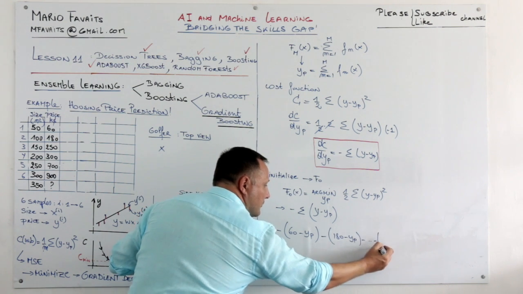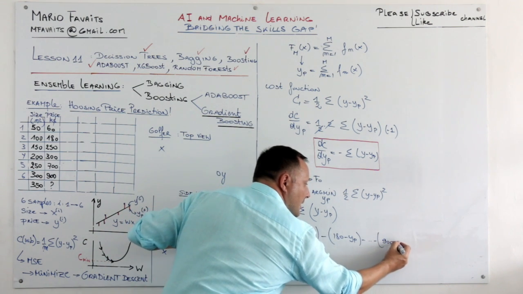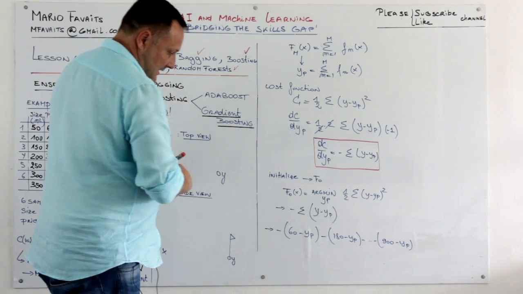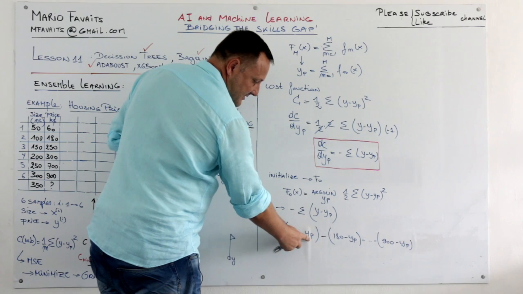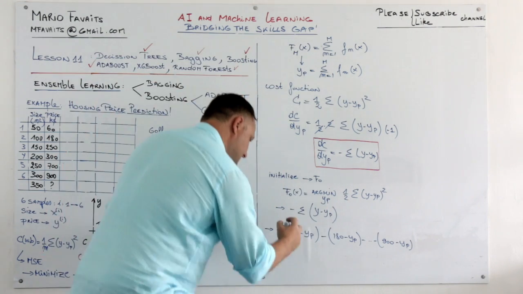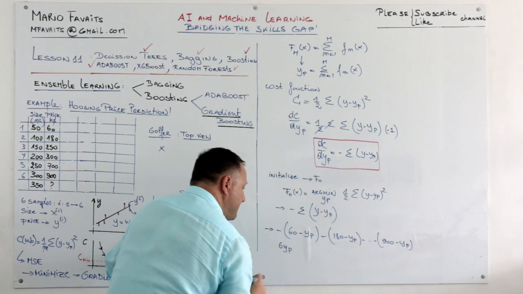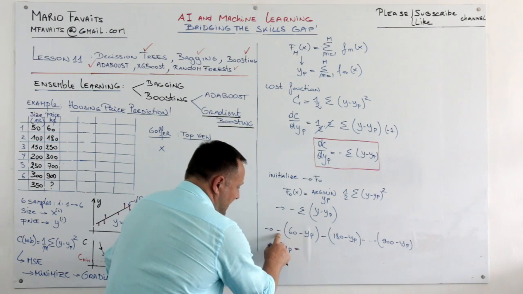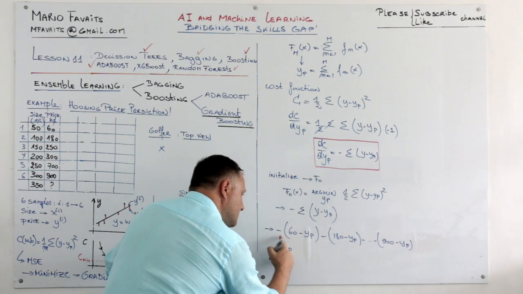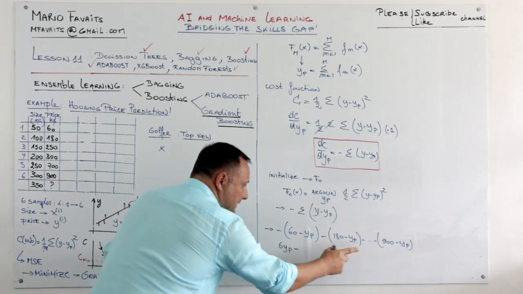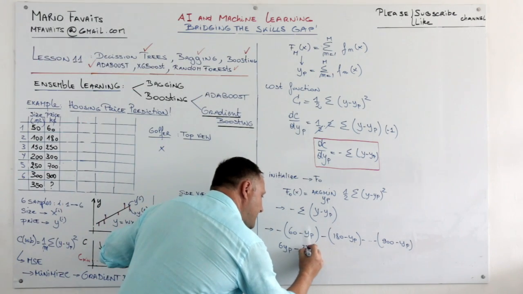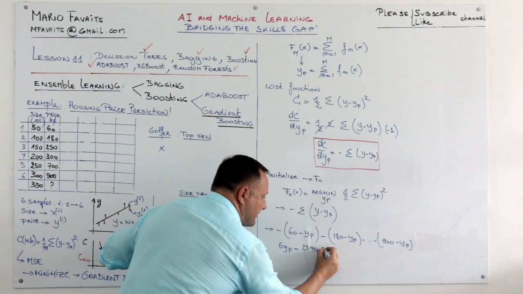Minus, and all the way down to 900 minus y predict. 6 terms, and we see that the minus and the minus here is going to give a plus: 1 yp, 2 yp, 3 yp, all the way to 6 yp. So 6 yp minus the sum of all these, which is basically the sum of this whole column, 2390, and this we're going to set to 0.